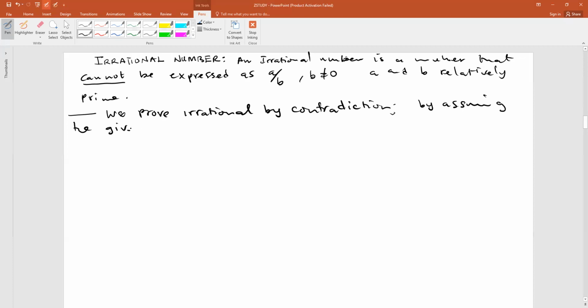By assuming that the given number is rational. Then if the given number fails to be rational, automatically we are going to say it's irrational.